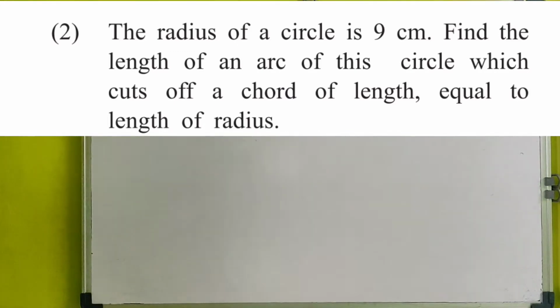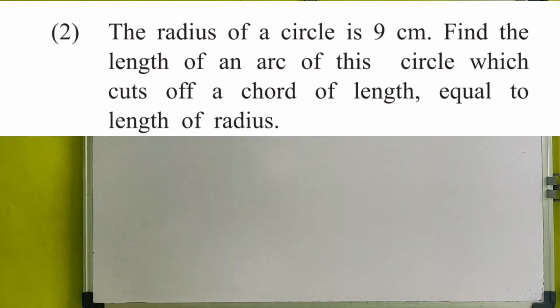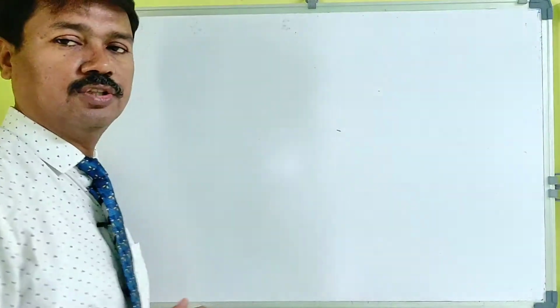What is the question? See, the radius of a circle is 9 centimeter. Find the length of an arc of this circle which cuts off a chord of a length equal to the length of the radius. So what is given in question number 2?